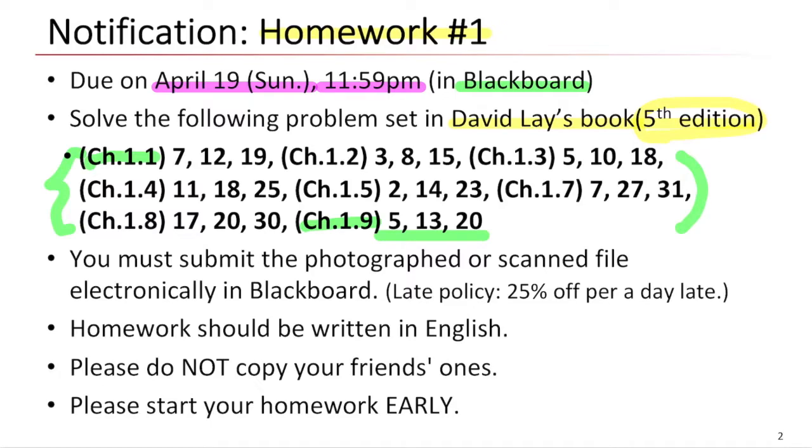Okay. There are some instructions. First of all, you must submit the photographed or scanned file electronically in Blackboard. You can solve the problem by hand or type the solution through some kind of application or program, something like Microsoft Word or PDF.